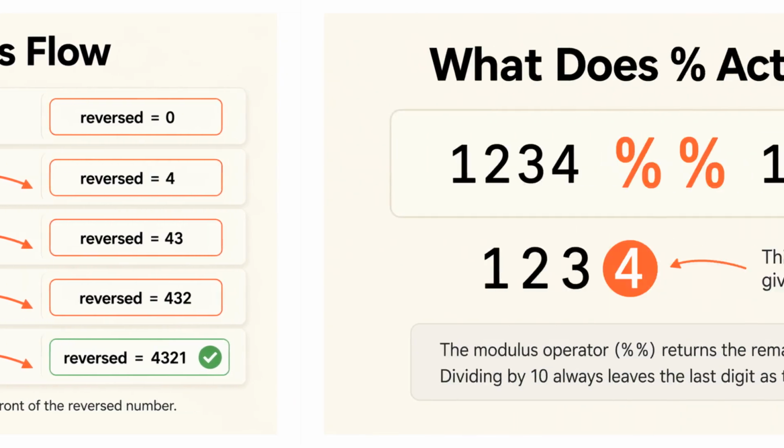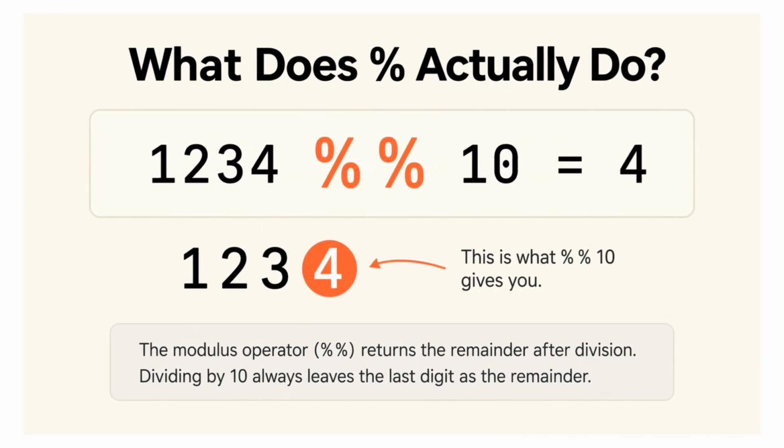Beautiful, isn't it? Now, let me pause and explain something that confuses a lot of beginners, this % sign. In C, the % sign is called the modulus operator, and it doesn't mean percentage. It gives you the remainder after division. So when we write 1234 mod 10, we're asking what's left over when you divide 1234 by 10? And the answer is 4.